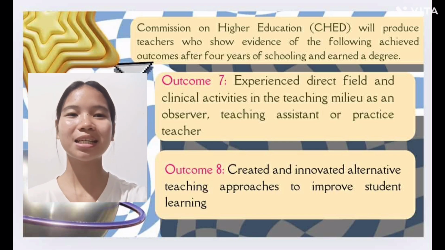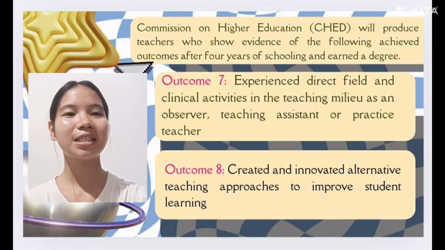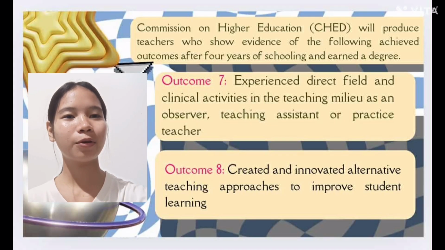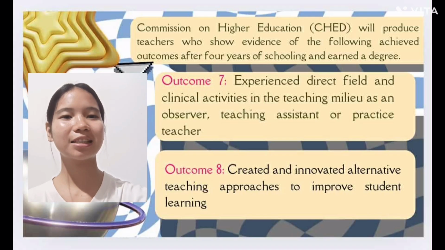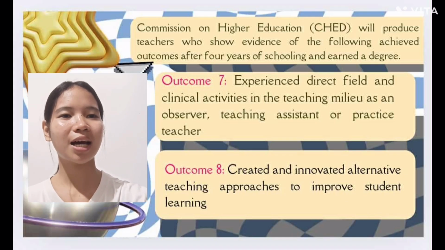Okay, so let's proceed to outcome 8, which is all about creative and innovative alternative teaching approaches to improve students' learning. Meaning, teachers should be innovative and creative. We shouldn't just rely on traditional lectures. We should think of fun, modern, and meaningful ways to teach.